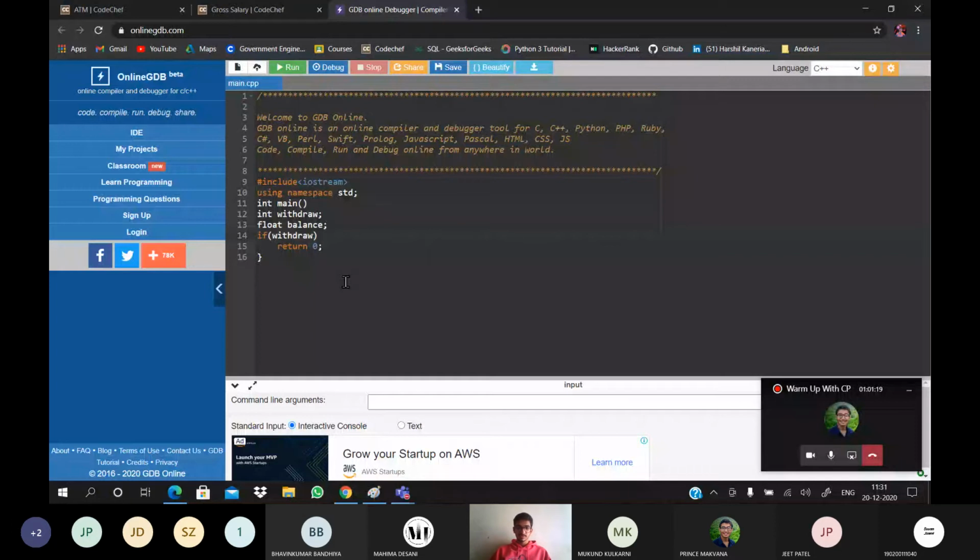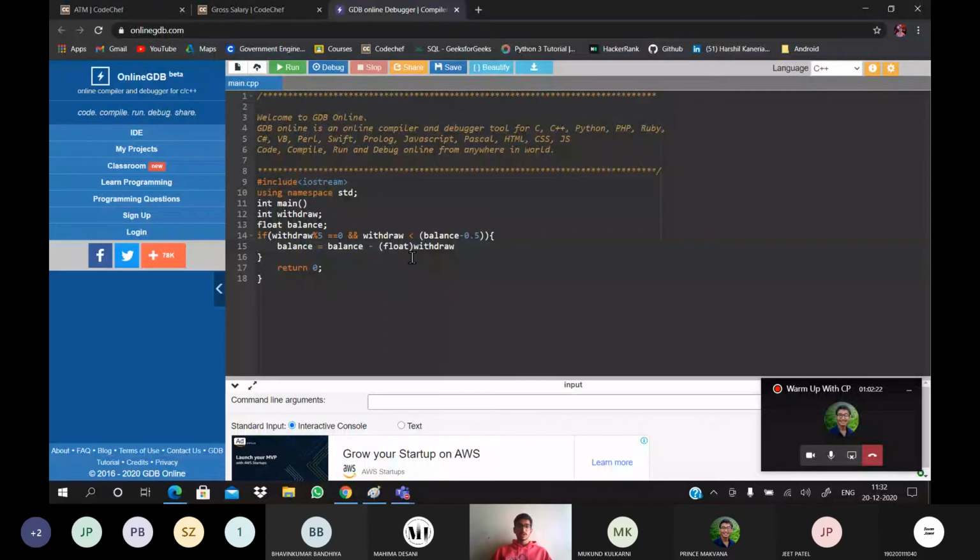Don't worry if you are confused. If both conditions are true, then the balance of Pooja should be the initial balance minus the withdrawal amount. Here our withdrawal amount is an integer, but our balance is a float, so we write float of withdrawal, then minus 0.5.